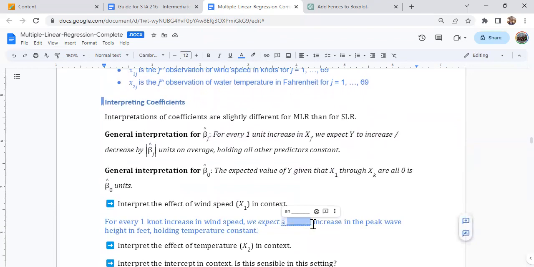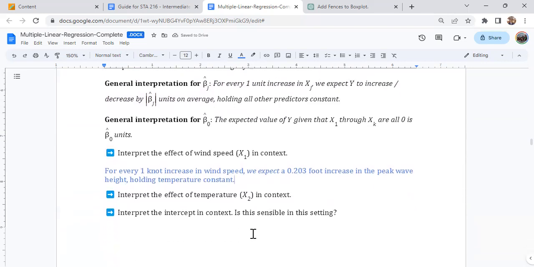And then our estimated slope was 0.203. So again, just pointing out some things that are commonly forgotten. This part is super important. Maybe I'll bold it.